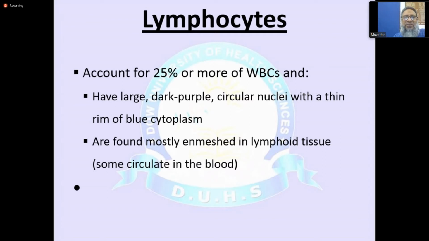Only a little rim of cytoplasm remains, and they are found mostly enmeshed in lymphoid tissue. They remain in the lymph nodes throughout the body, so they provide a defense mechanism, and they circulate in the blood. But whenever required, they can migrate and function effectively.